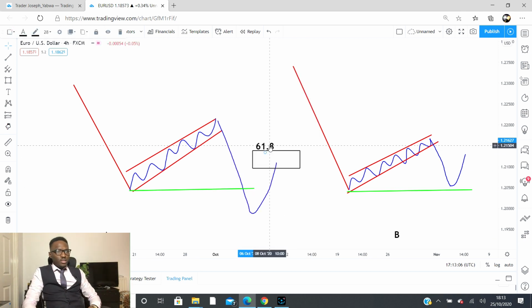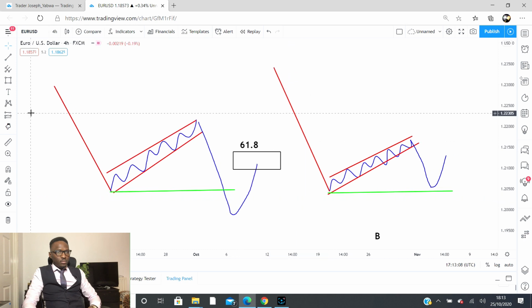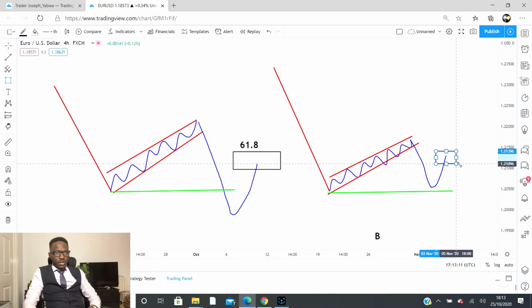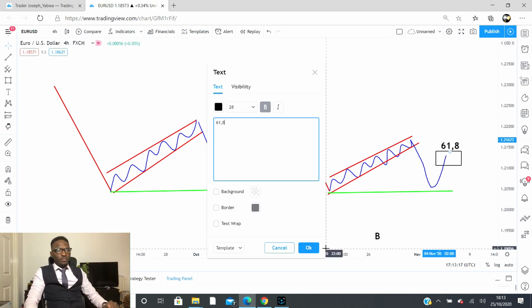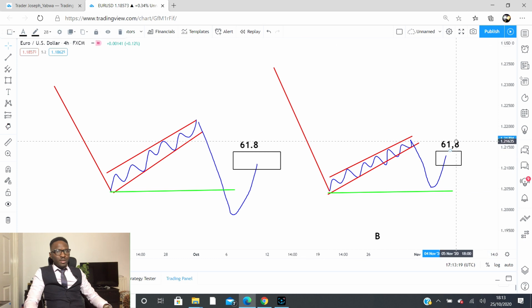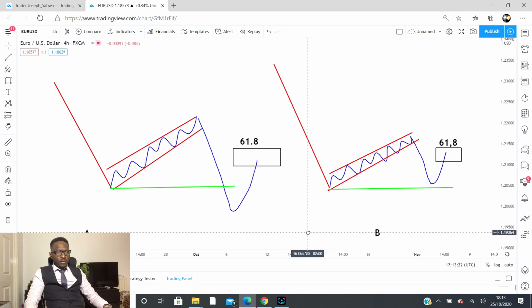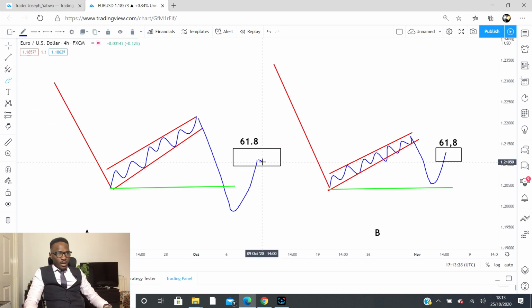So the market will retrace to the 61.8. And same as this one as well. It will retrace to the 61.8 Fibonacci retracement. And once the market has done that, the next move after retracing to the 618 retracement is that the market will start to go back in the direction of the impulse leg, of this bigger impulse leg.